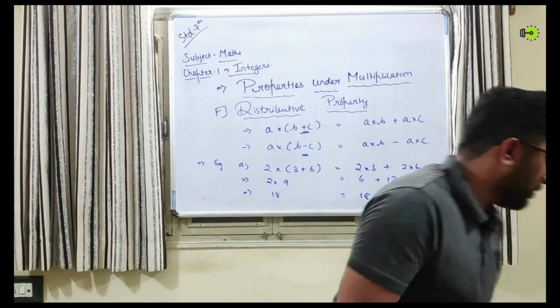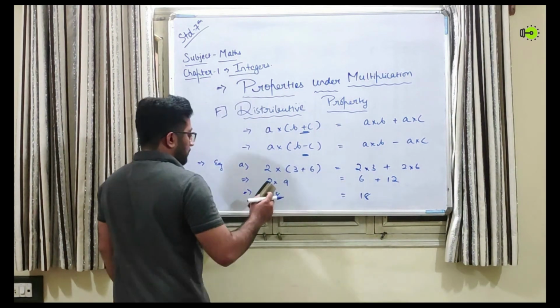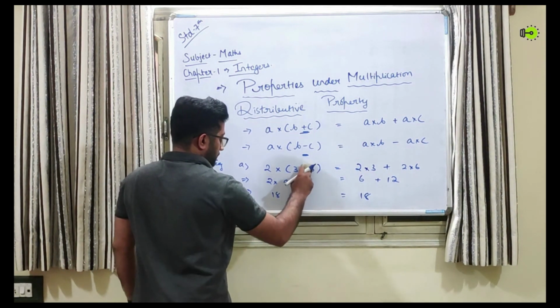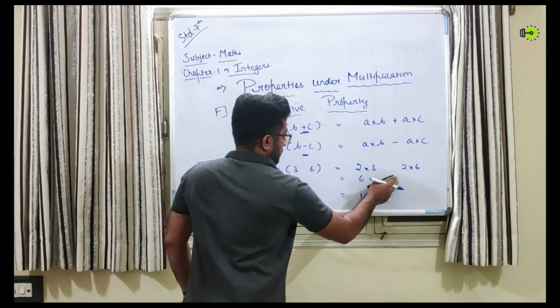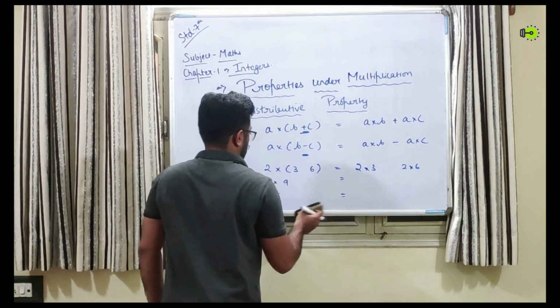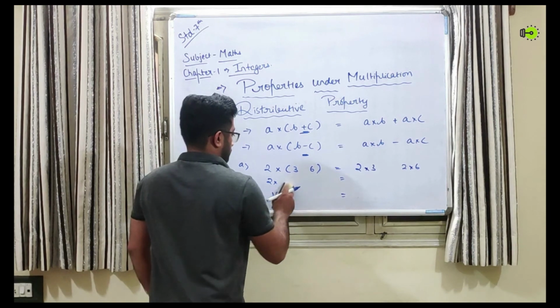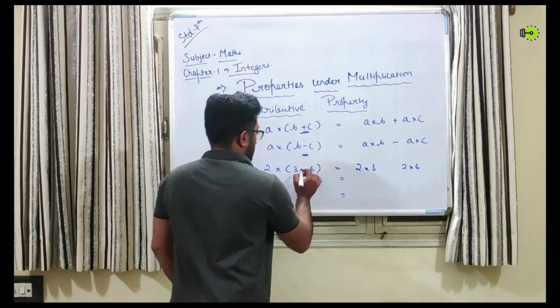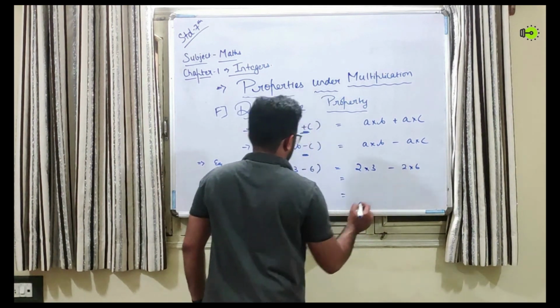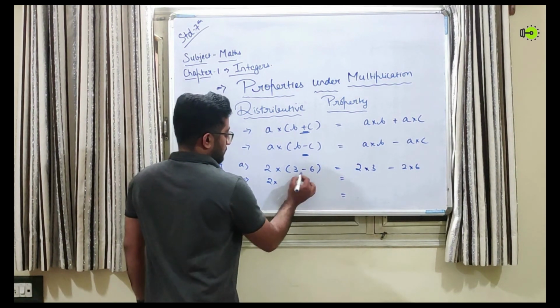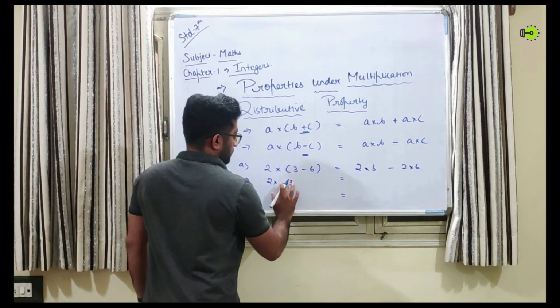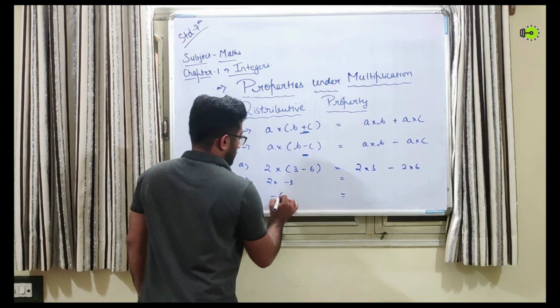Now let us prove the same with the help of subtraction. Under subtraction, we will just change the signs here. So here it will be minus, here it will be minus. 6 minus 3, our answer will be 3, and 3 2s are 6.